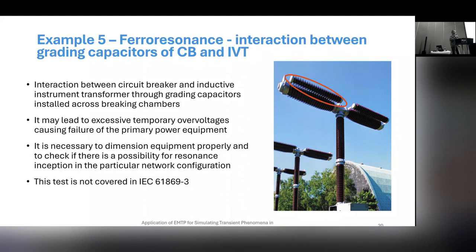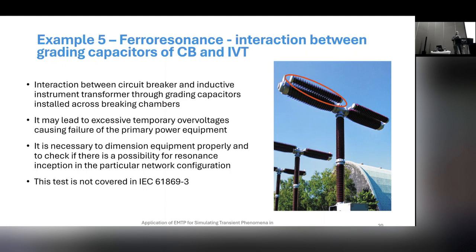Okay, and the last example is related to the ferroresonance caused by interaction between the grading capacitors of the circuit breaker. So normally, in case of, let's say, 220, for sure from 400 kV and up, when you have multiple breaking chambers, the problem is if you disconnect some load, it can be inductive, capacitive, whatever, then we have TRV on the breaker.